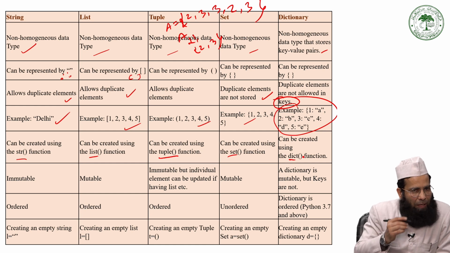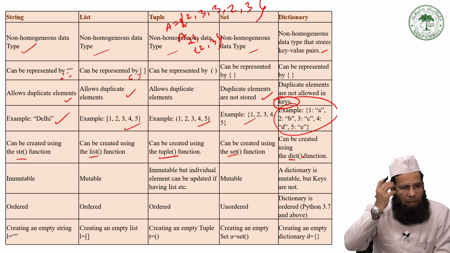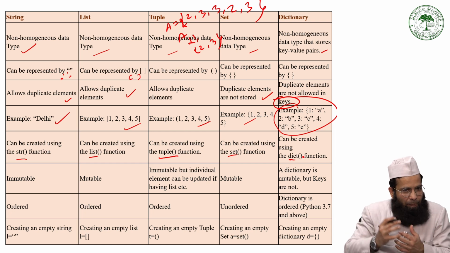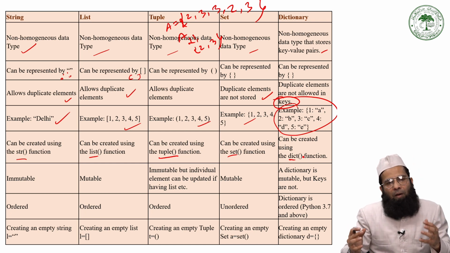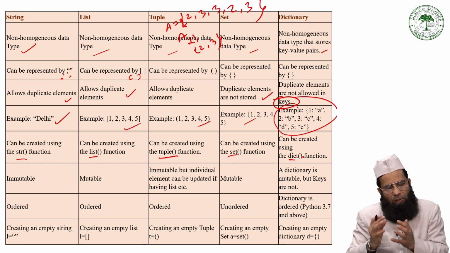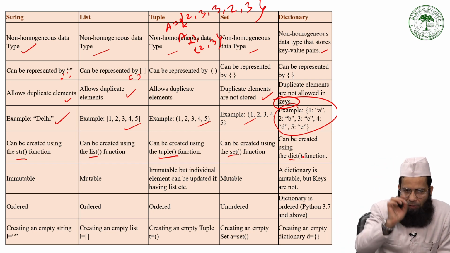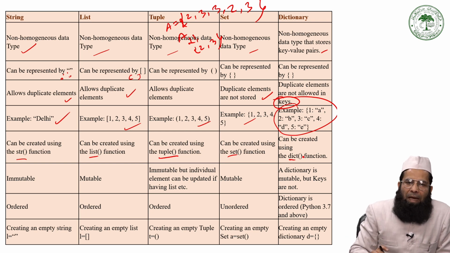What does it mean? You cannot update individual characters, and you cannot expand or shrink the string. What you can do is assign some other string to a particular variable, but individual characters cannot be updated.